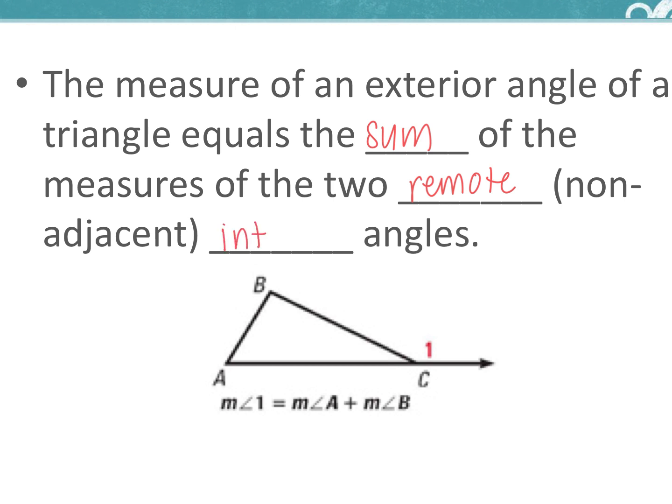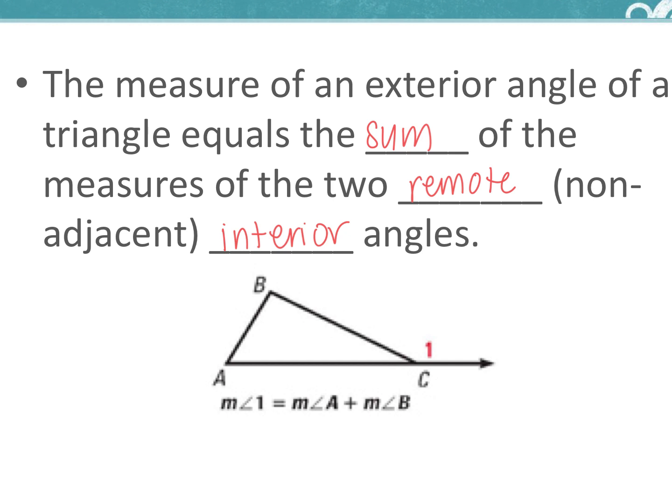And I'm going to explain what that means. Okay, non-adjacent. What does adjacent mean? I think I forgot. Okay, so you need to think of adjacent as next to, so sides that are not next to each other. So I'm going to give you an example.